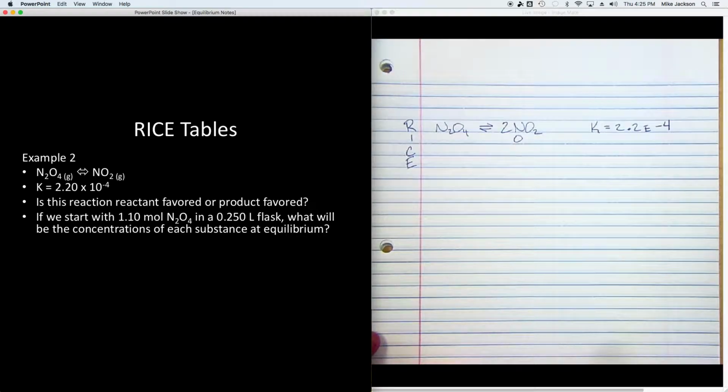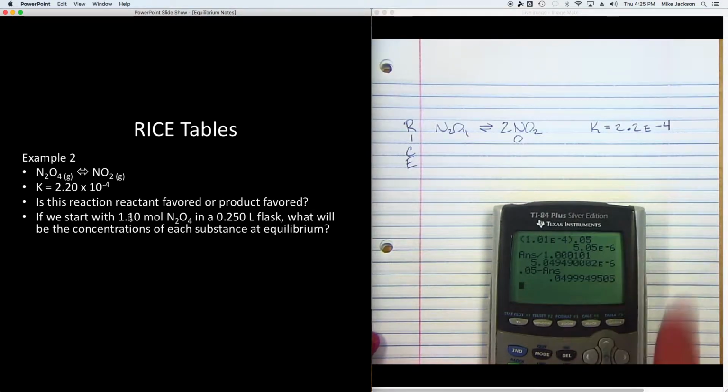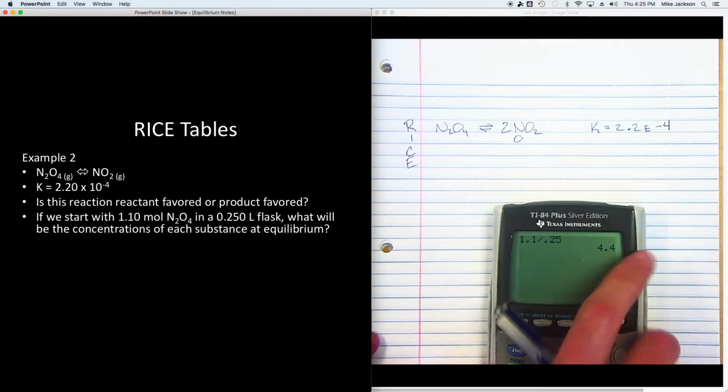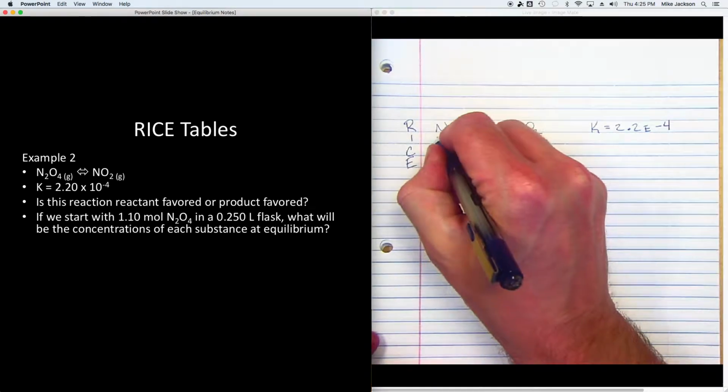So we're going to take our moles of N2O4 and divide by our liters of gas. So we're going to take our moles, which is 1.1, and we're going to divide by the liters, which is 0.25, and we'll get 4.4 molar for the N2O4.